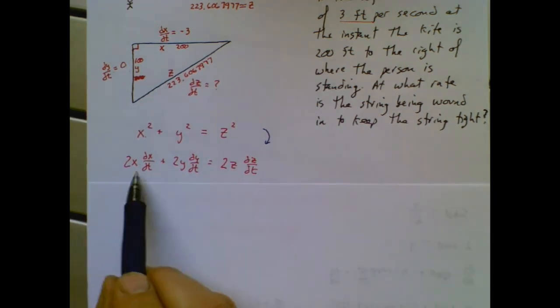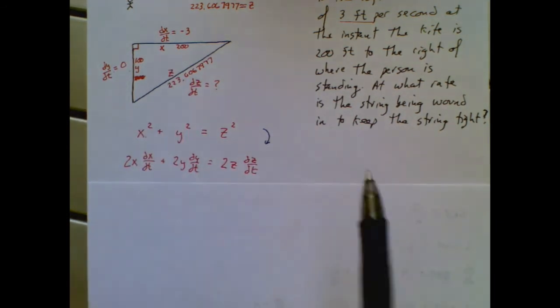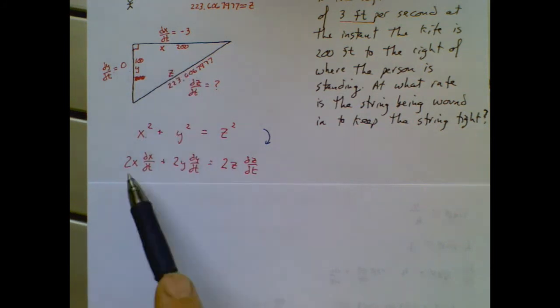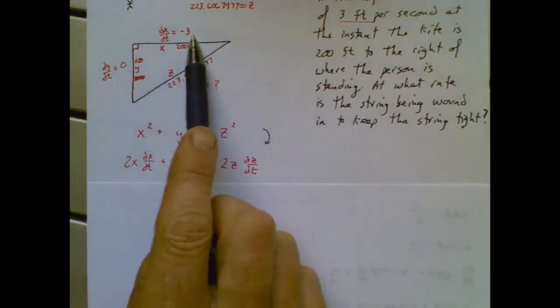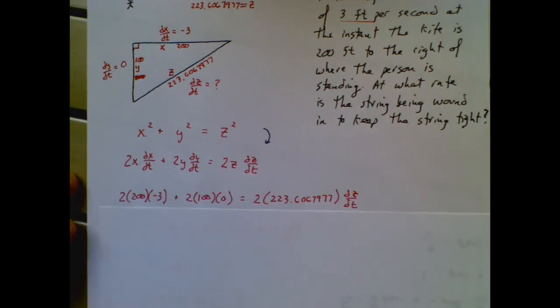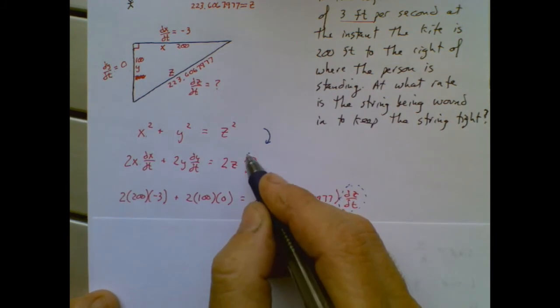Once you have that equation, now you can go back up to your diagram and start plugging in values. For example, I know x is 200. I know dx/dt is -3. Well, you can do that for all of those pieces of information except for this one, dz/dt.